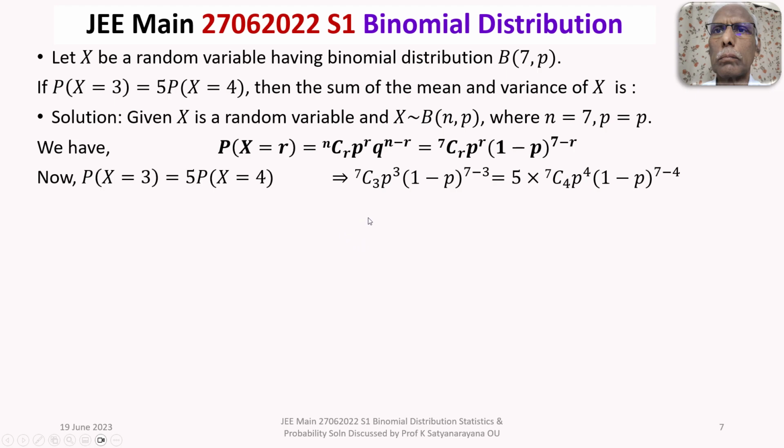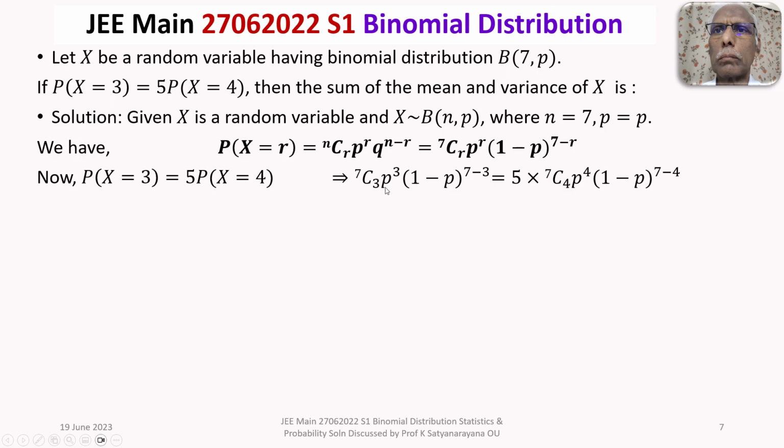Now, here 7C3 and 7C4 cancel each other because they are equal. Why? nCr is equal to nC(n minus r). We have the formula. Therefore, 7C3 is equal to 7C4. Cancel that.